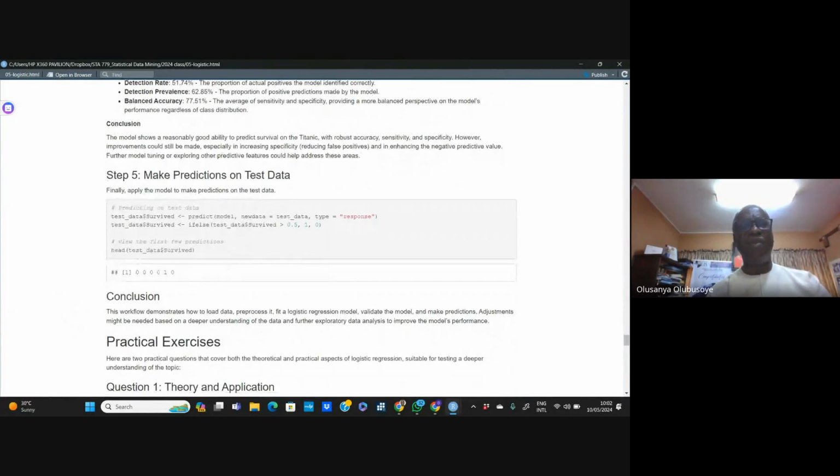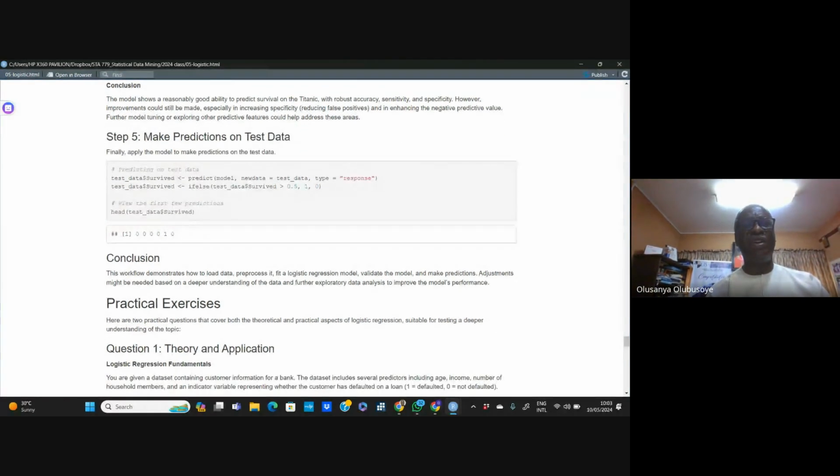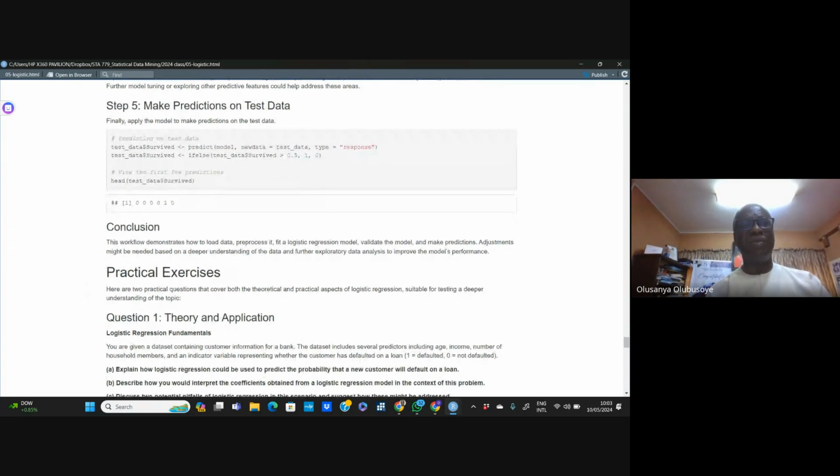And finally, we make predictions. From the test data, we try to predict whether a passenger will survive or not. The first 6 predictions show that only one will survive.